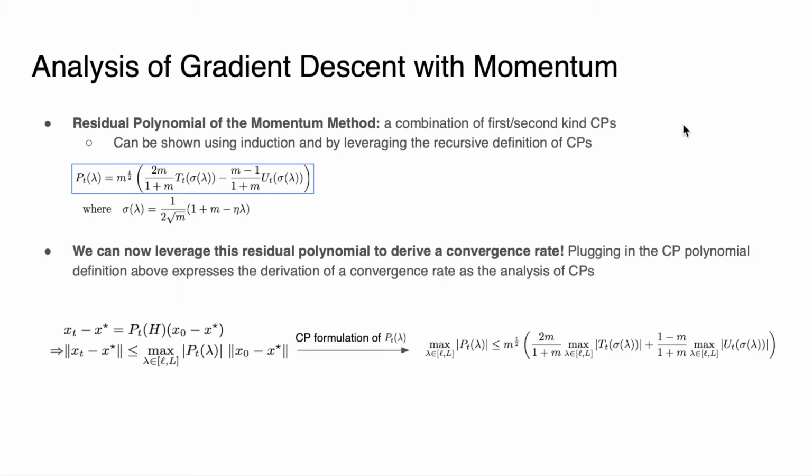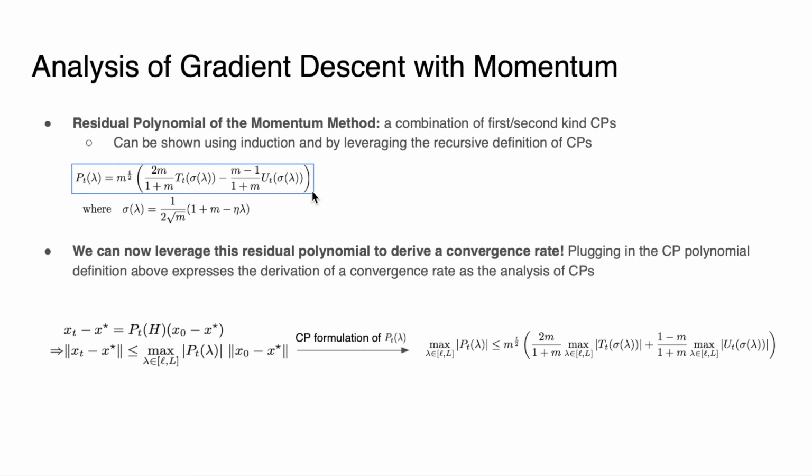Although we provided a pretty simple recursive definition for the residual polynomial associated with gradient descent with momentum in the previous slide, we can show that this residual polynomial for the momentum method can be reformulated as a combination of first and second kind Chebyshev polynomials. And this is given by the equation shown here.